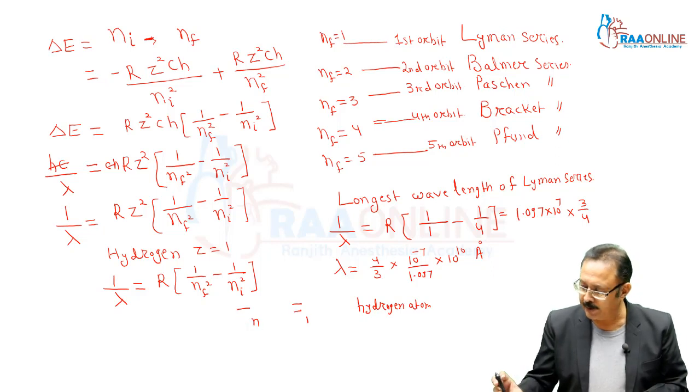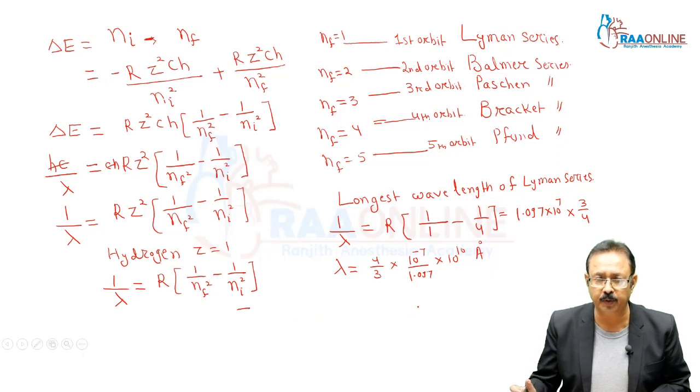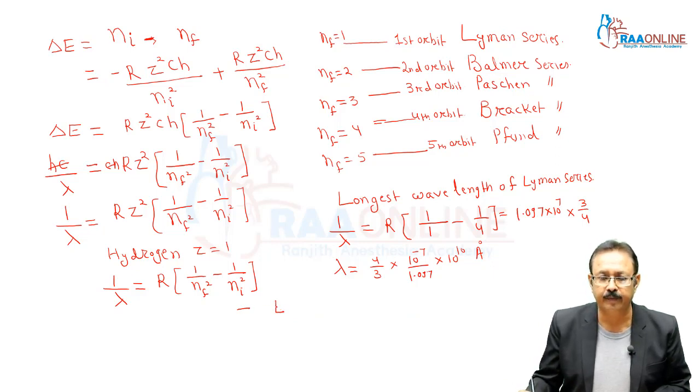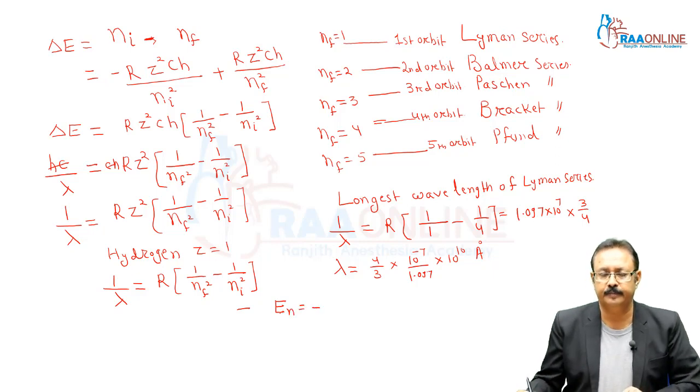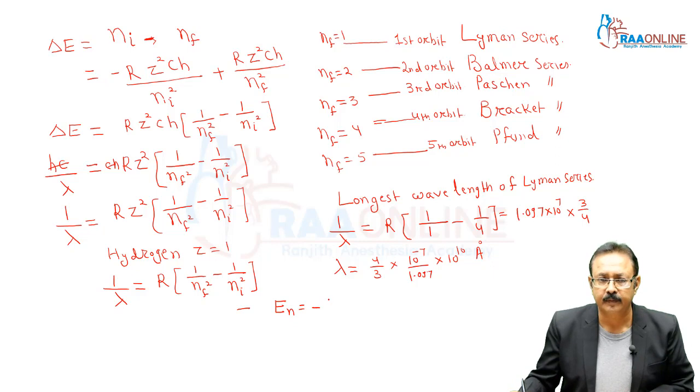We calculated En is equal to minus RCH Z square by N square.